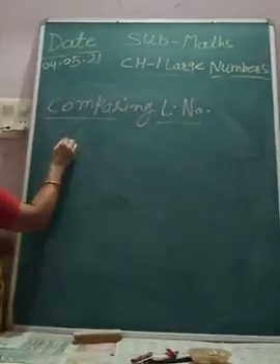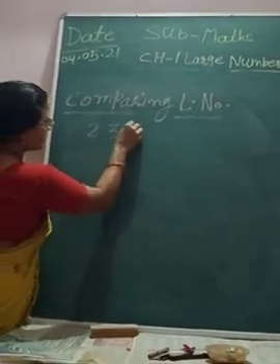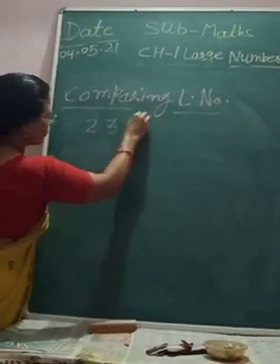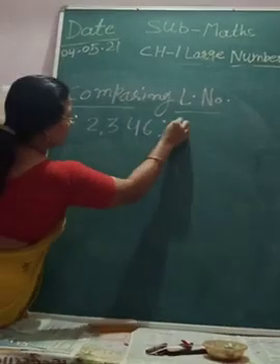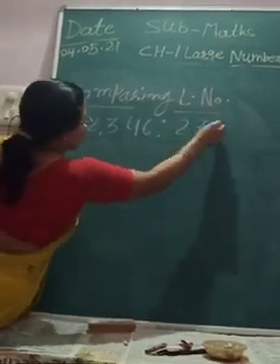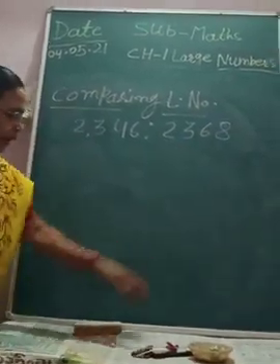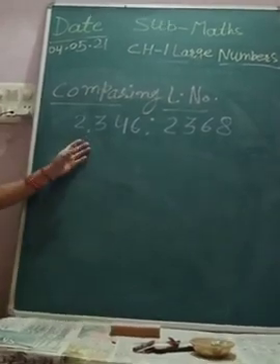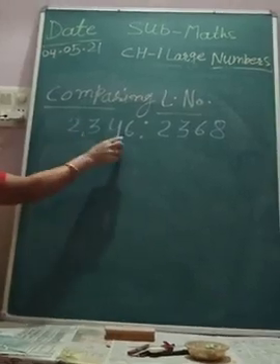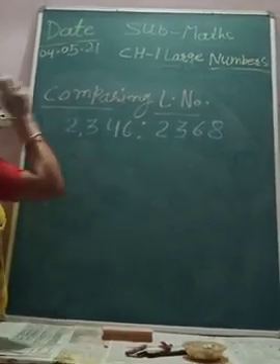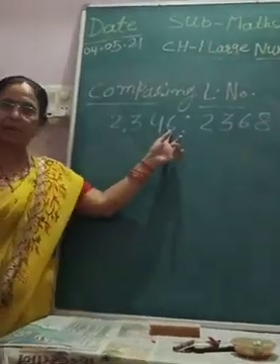Suppose I have written a number here, you have to compare 2346 and 2368. When you have to add, subtract or multiply, your work will start from the right hand side, as I have told you.